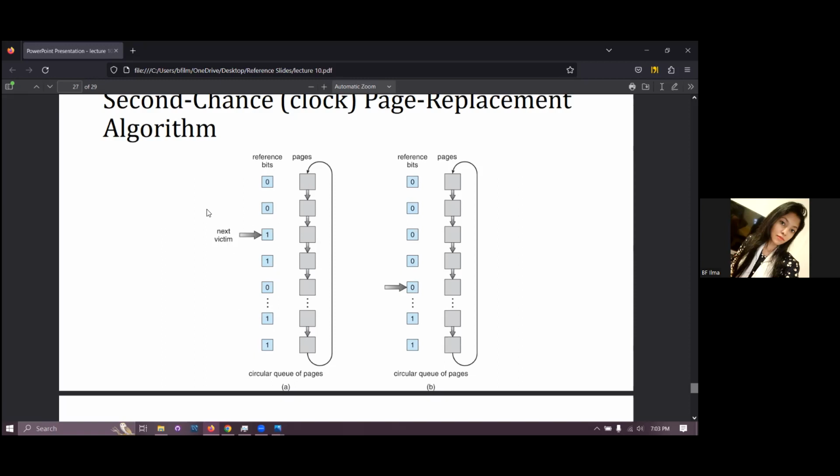When it finds a page with reference bit 1, as it advances, it sets the reference bit to 0. That means I'm giving you another chance to stay in the queue. And when it finds a page with reference bit 0, then you can take it out. So that is the second chance algorithm, also known as the clock page replacement algorithm.